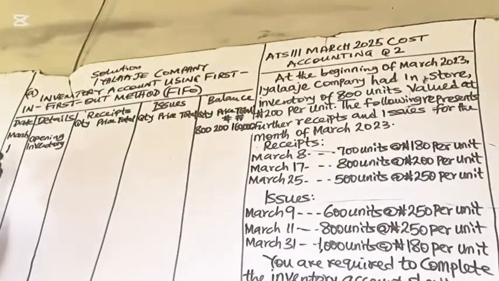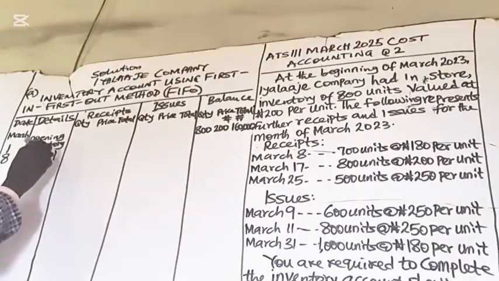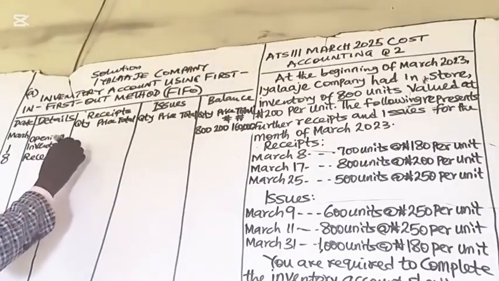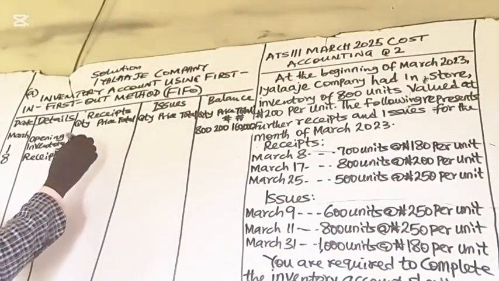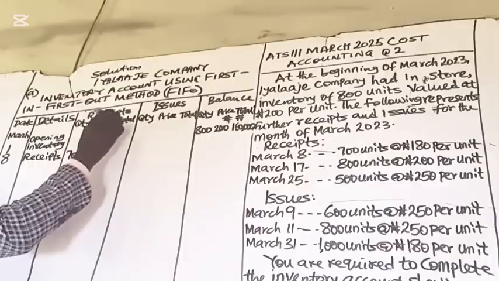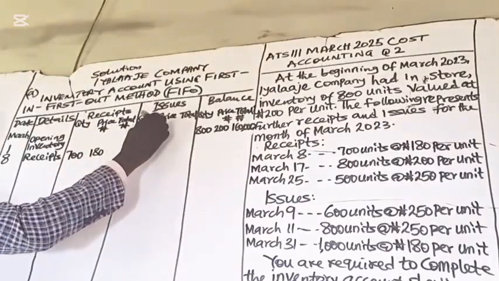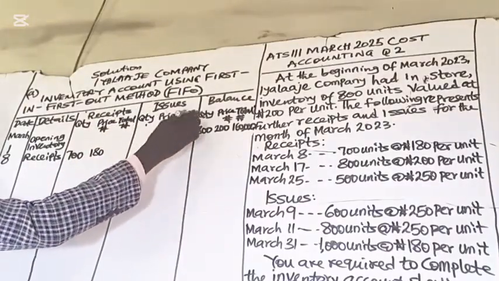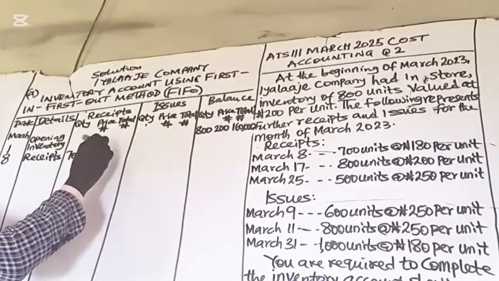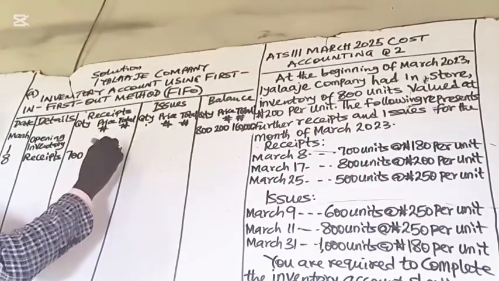March 8, receipts. So you record that under receipts. 700 units at 180 naira per unit. So 700 times 180, that gives us 126,000.